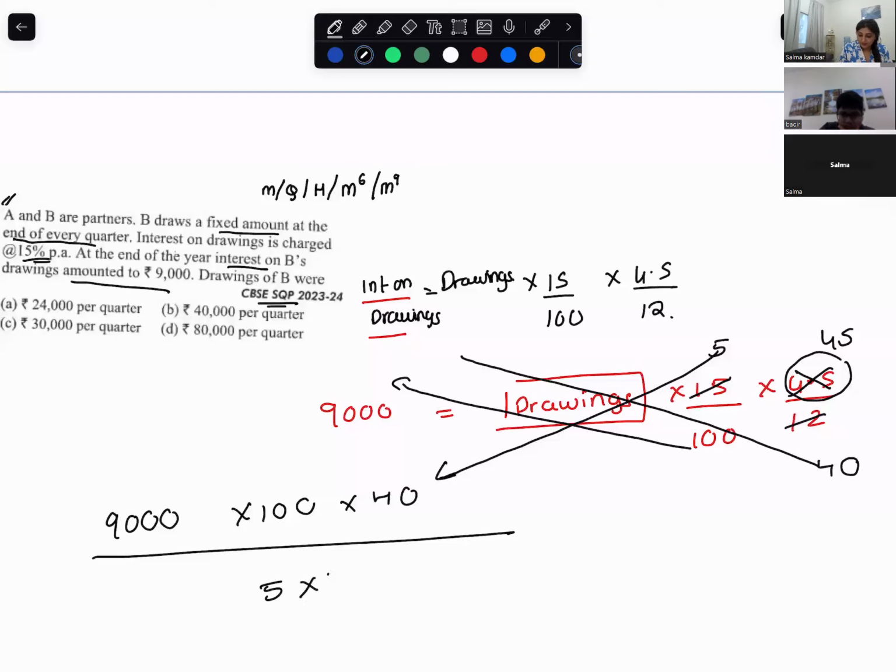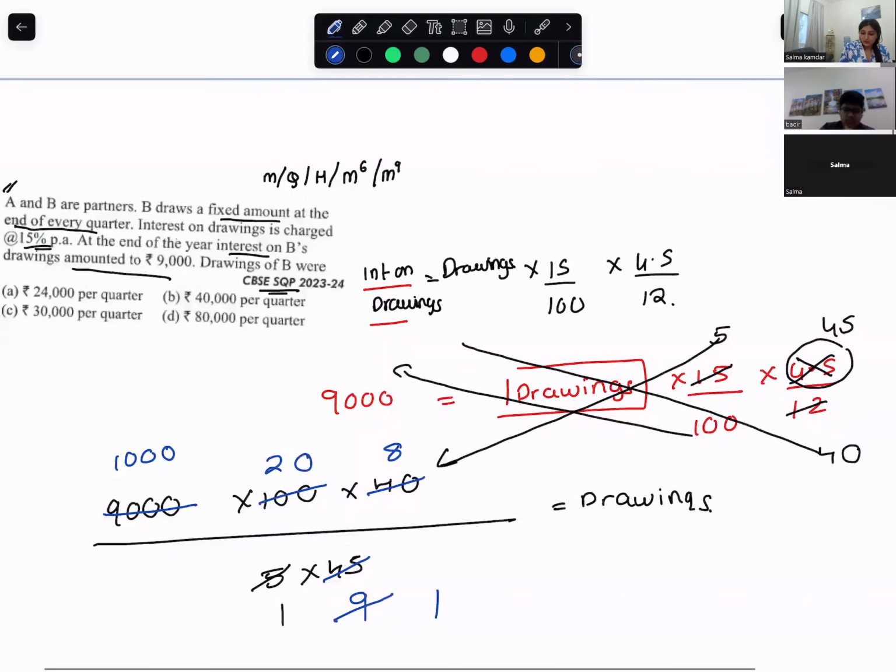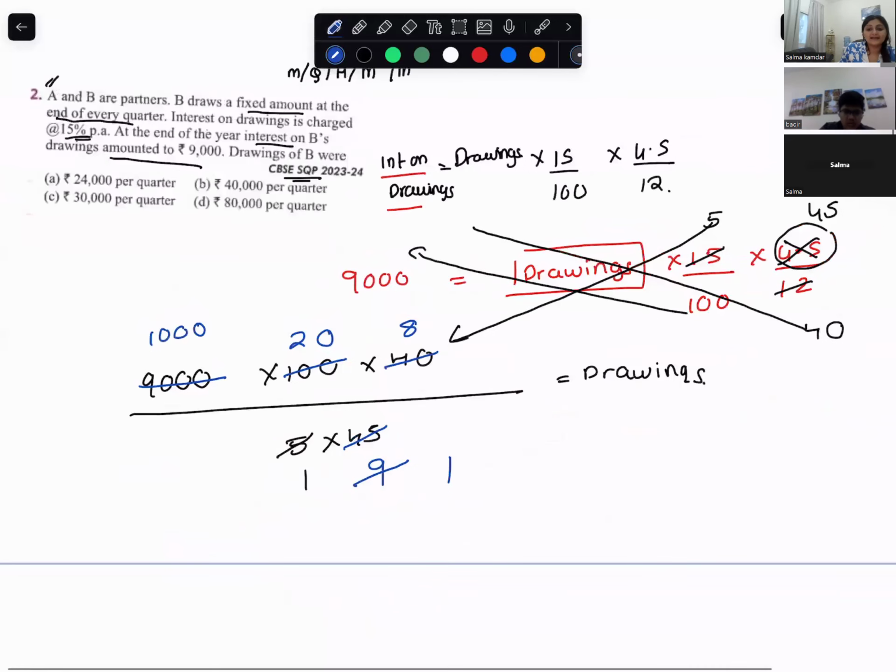Divided by 5 into 45 is equal to drawings. 5 ones are 5, 5 twos are 10, 5 nines are 45. 5 eights are 40. 5 nines are 45 and 8s are 40. 9 and 1000. So 1000 into 20 into 8.